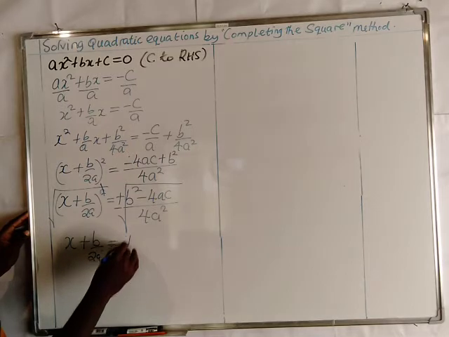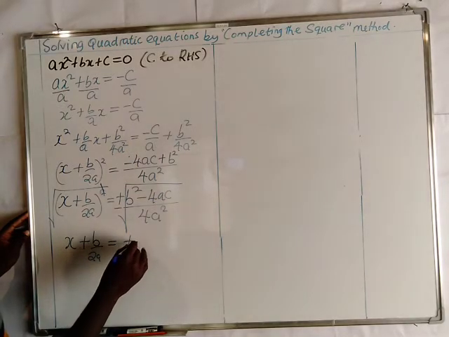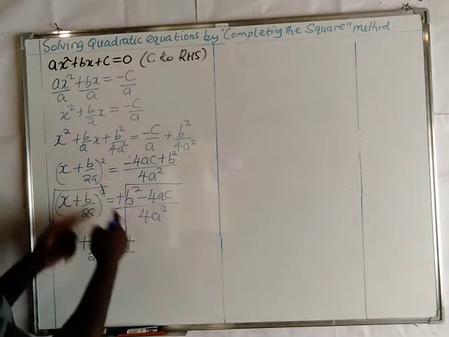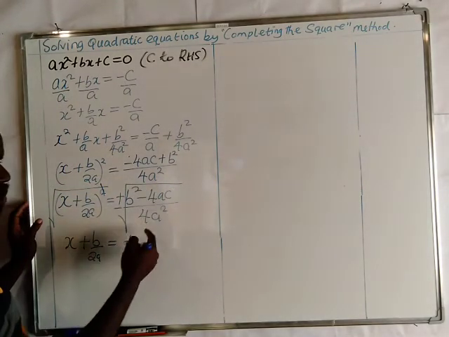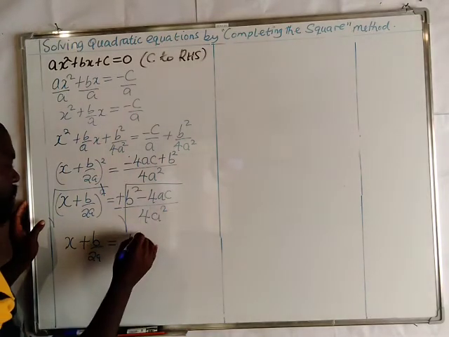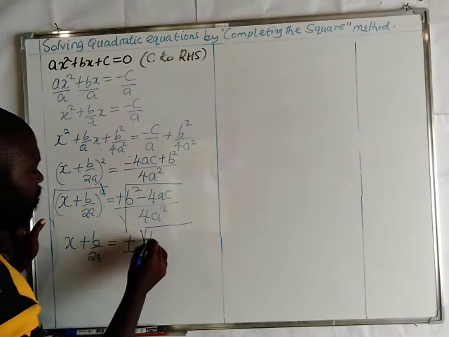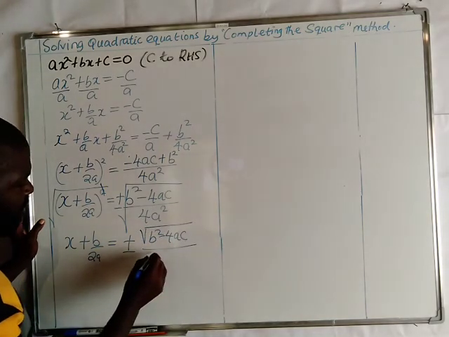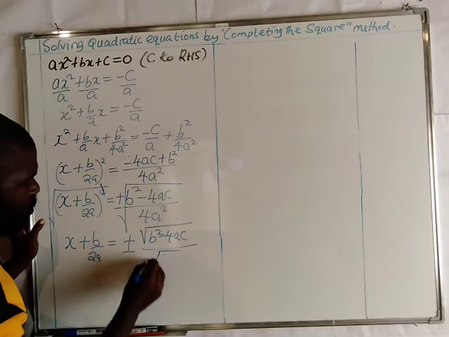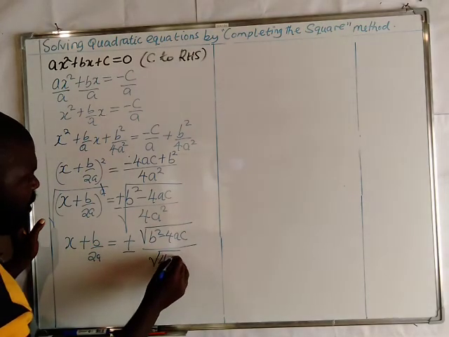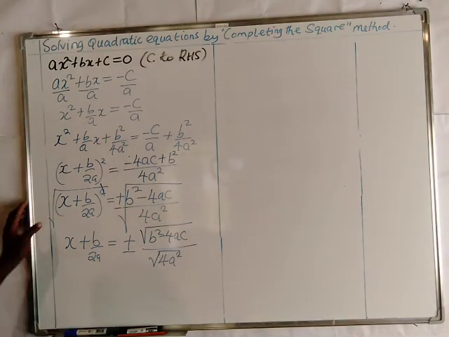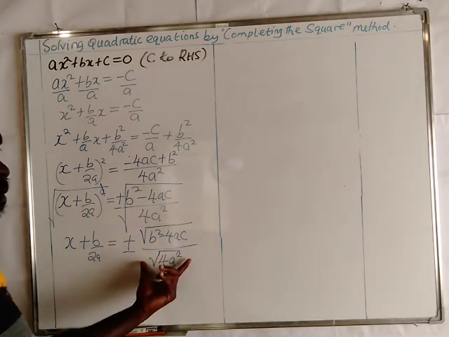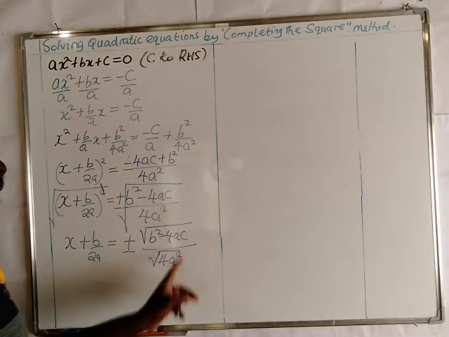And on the right hand side, we have everything, the numerator and the denominator, in the square root. So we separate the square root to the numerator and the denominator so that we have the root of b squared minus 4ac over the root of 4a squared.